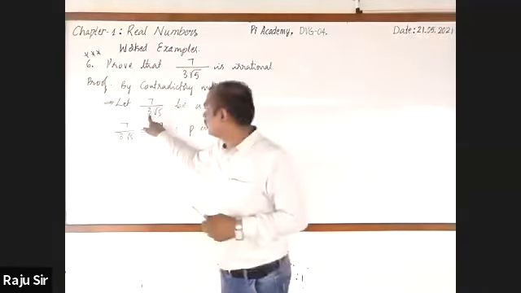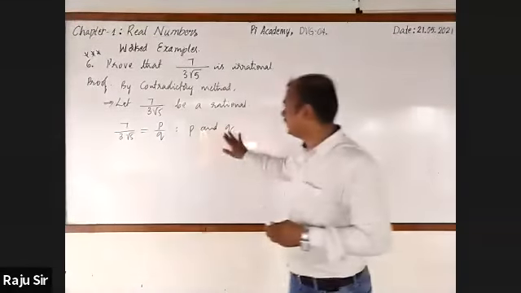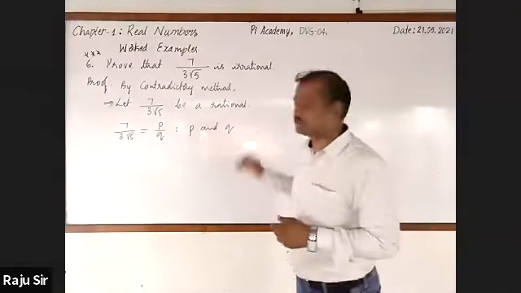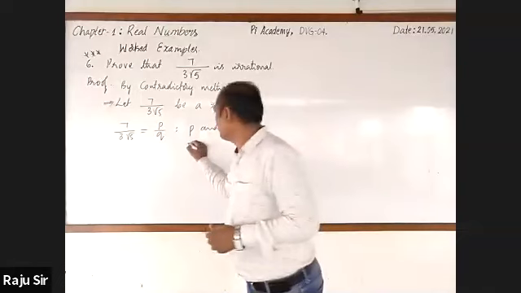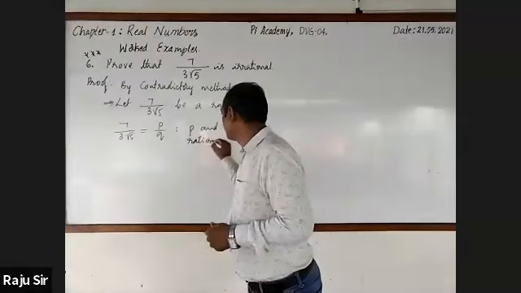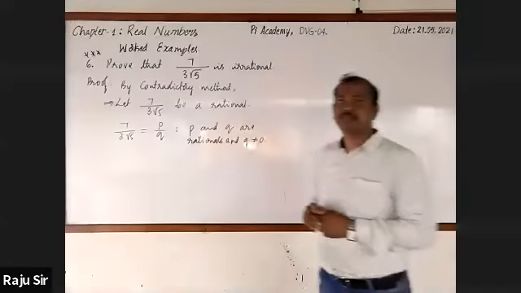But here, coefficient of root 5 is other than 1. Hence, we should take P and Q are rationals. Right. P and Q are rationals, and Q is not equal to 0.